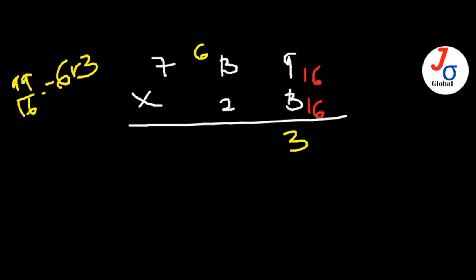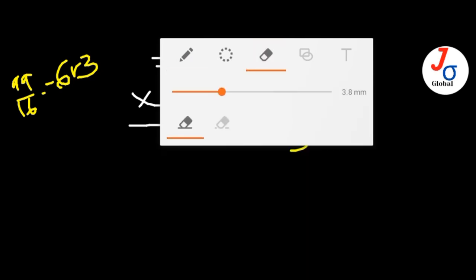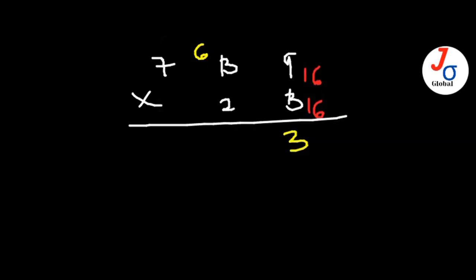Then B times B. What's my B? My B is actually 11. That's 11 times 11, that's 121, then plus 6, I have 127. So you have to do 127 divided by 16.